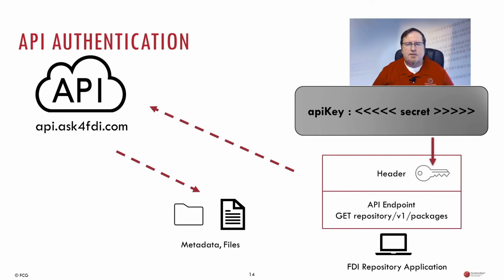Ultimately, the API key is included in all header requests sent to the API endpoint. So when you request data, as long as that API key is there, our API server knows that you're authorized to access it, and will return the respective metadata or files depending upon your API call.